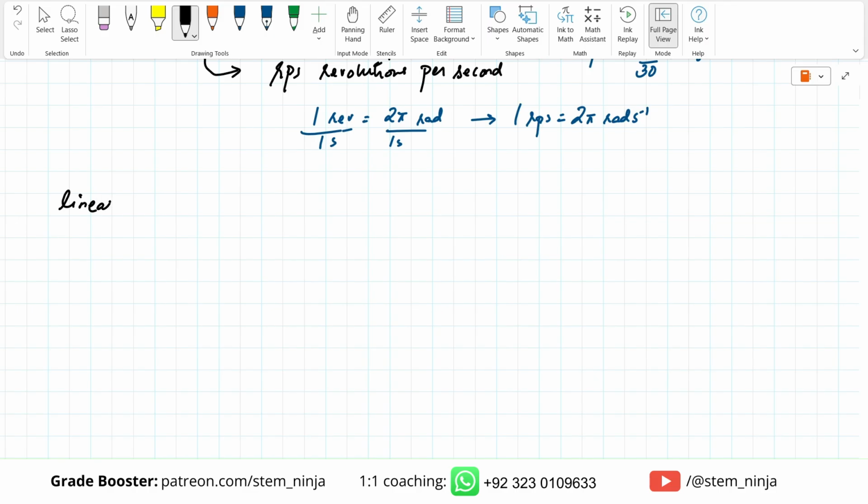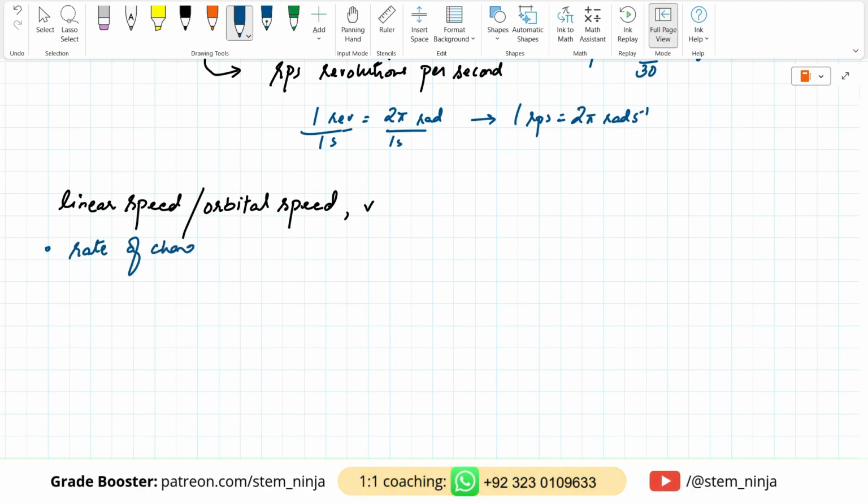So linear speed, which is also referred to as the orbital speed, is the rate of change of distance covered by an object moving in a circular path.